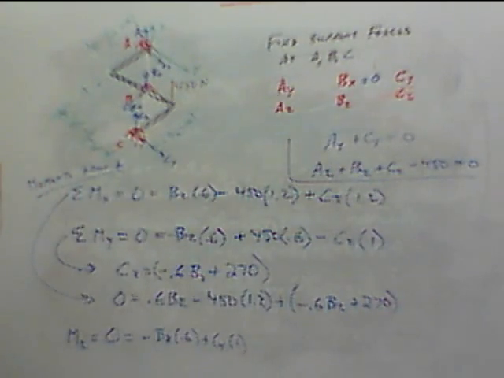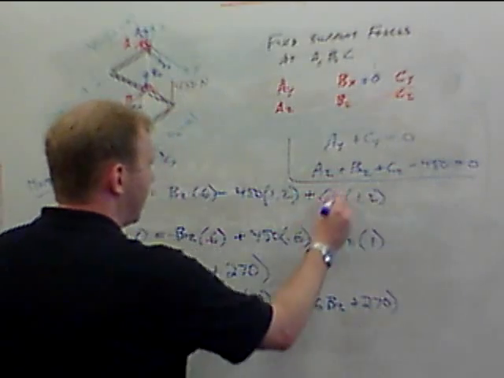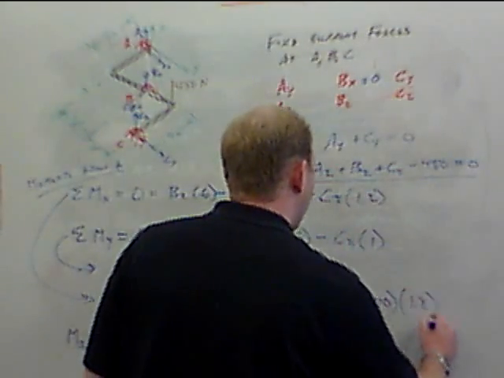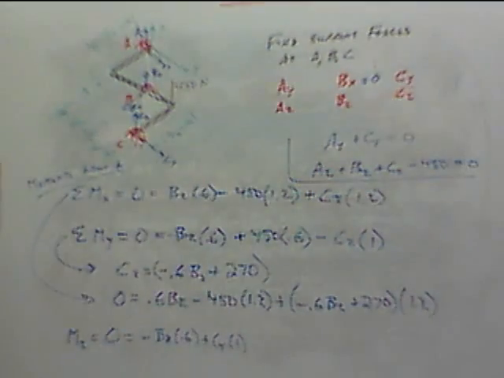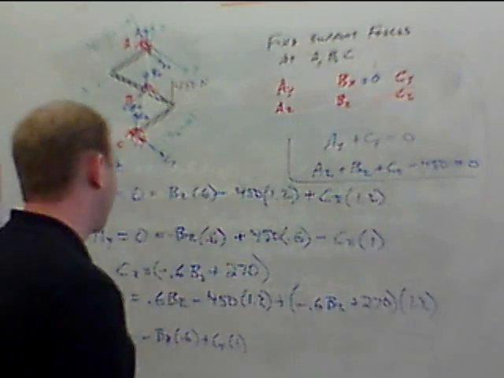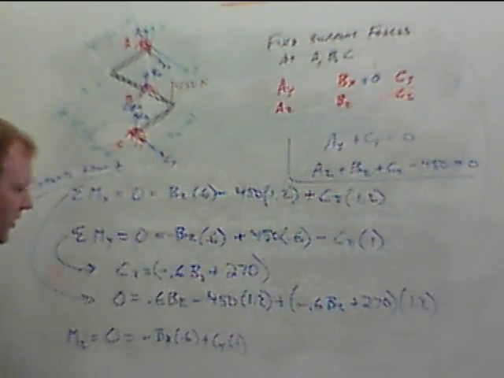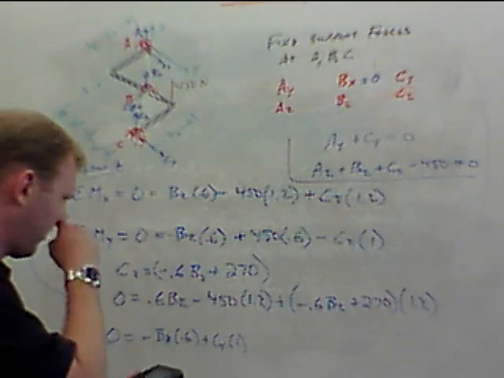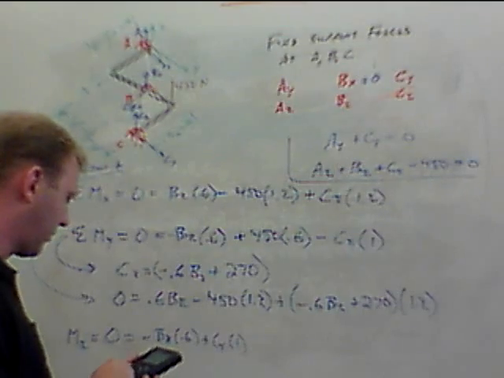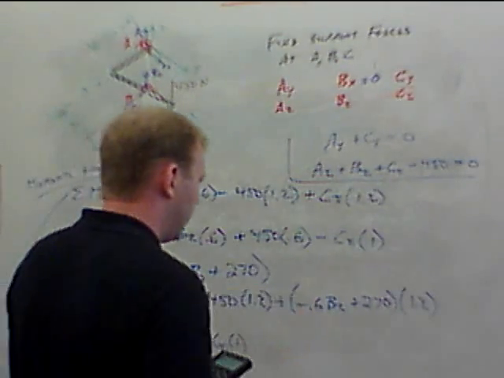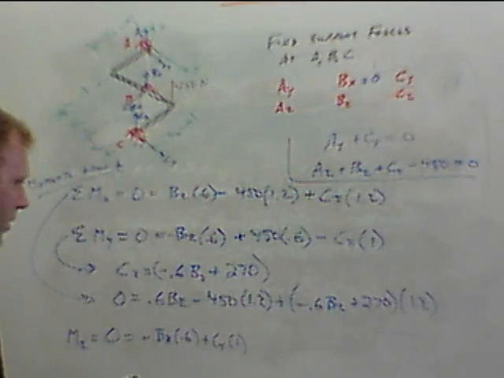And that gets multiplied by 1.2. From here, it's just an algebra problem. Okay, we solve this out. We have 0.6 Bz times 1.2. We'll take this out to the end here. So we have minus 450 times 1.2, 270 times 1.2.